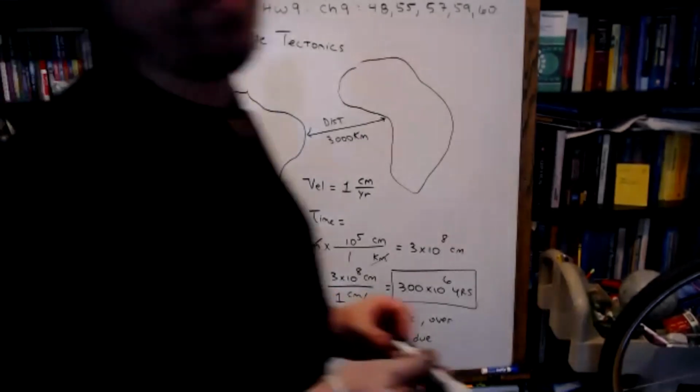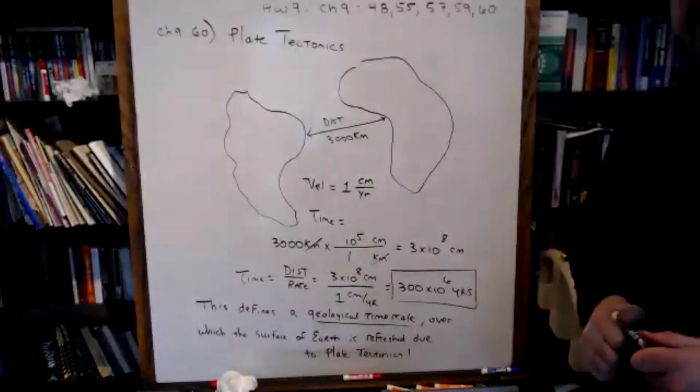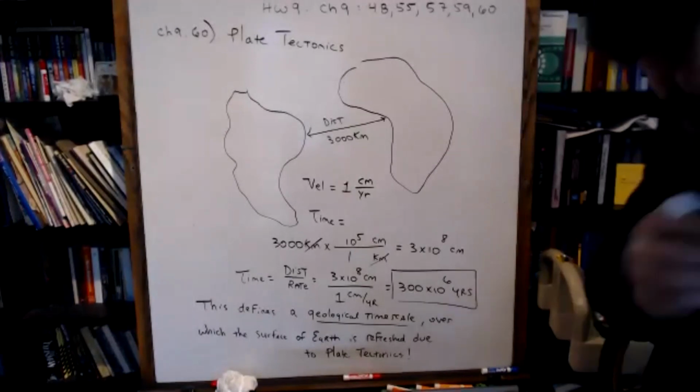Basically, there are no lumps of rock on Earth that are much older than 300 million years.